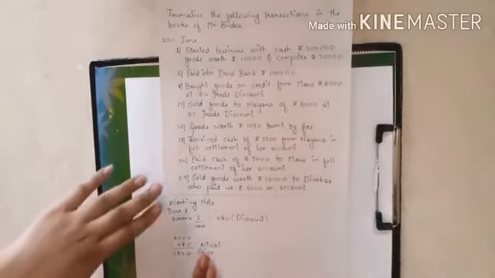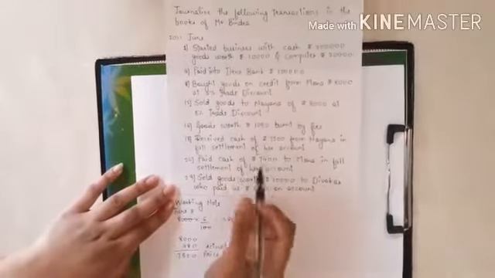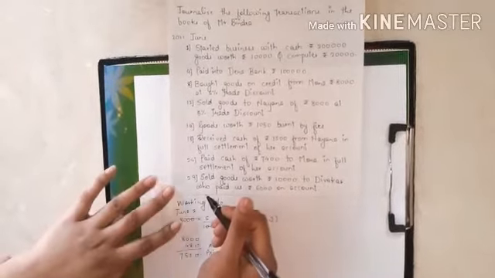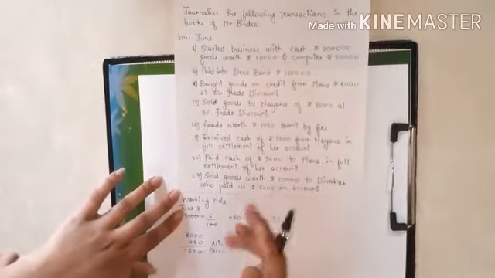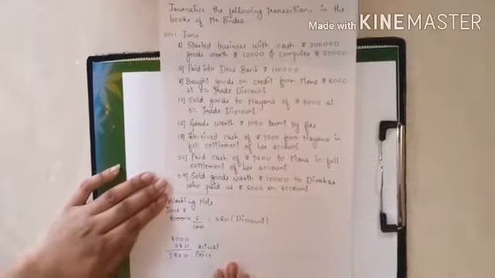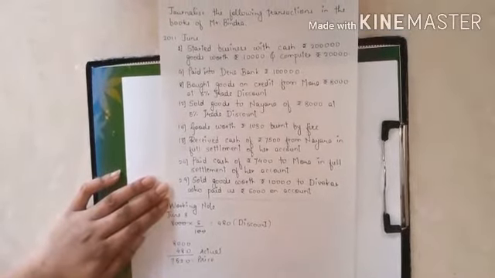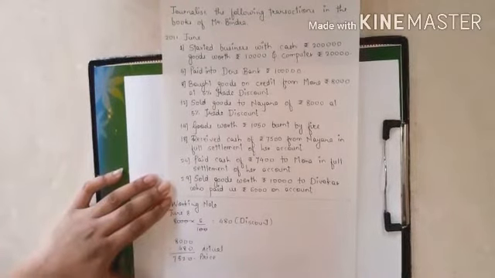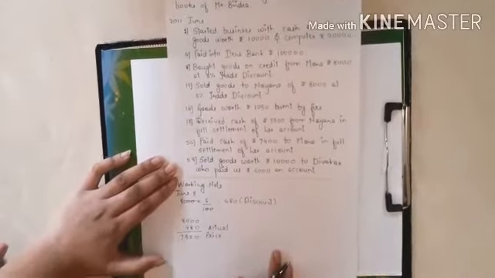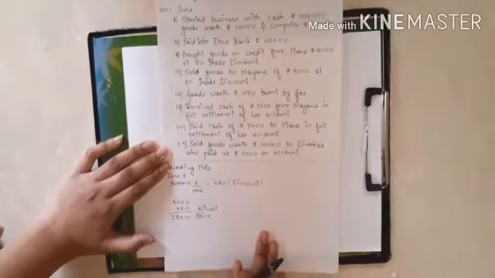So let's take the other example. Here, sold goods to Naina of rupees 8,000 at 5% trade discount. Now here we, that is Mr. Bindra, have sold goods to Naina at 5% trade discount. So the actual price is 8,000 and we have to calculate trade discount of 5%.